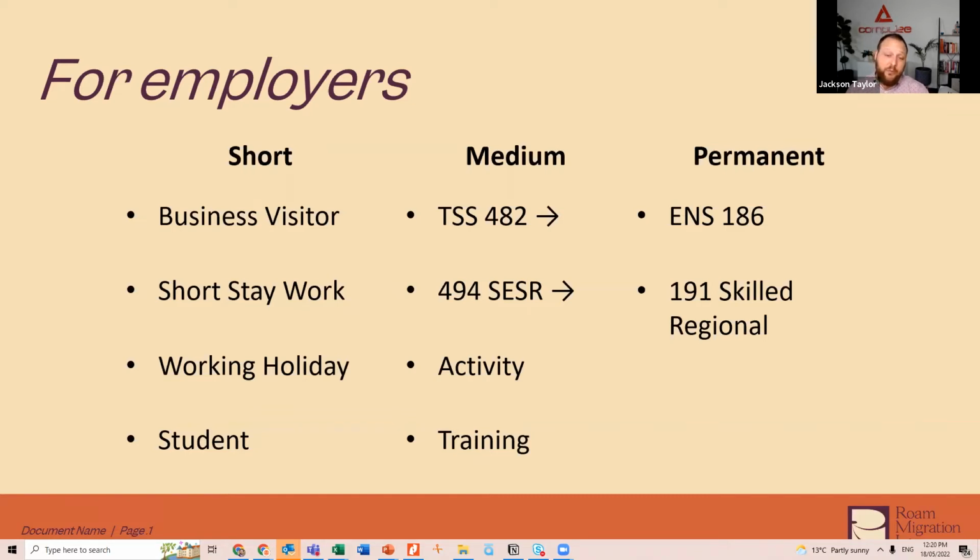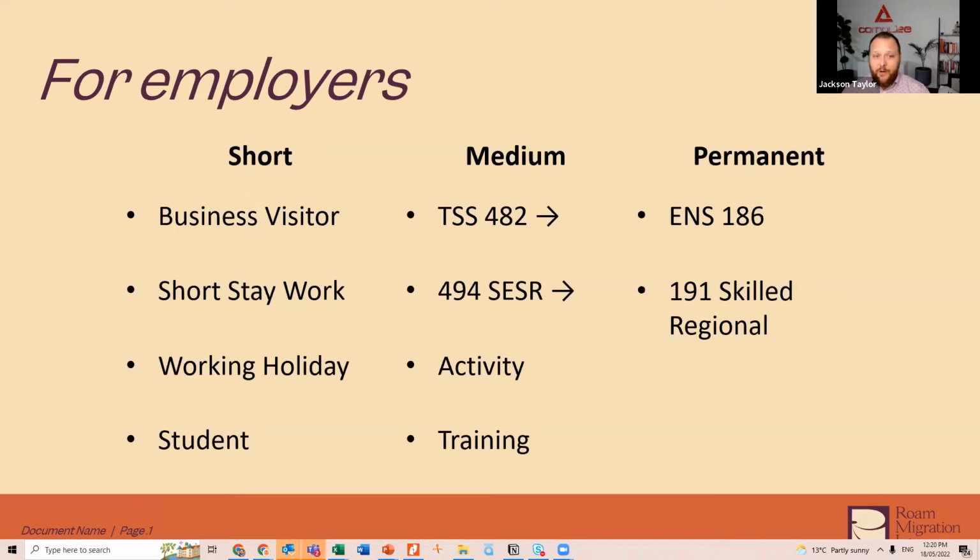So the government, being who they are, set up the 494 first and then said, we'll work out the 191 later. Probably wasn't the best idea, but that is the way it is. And so we're still waiting for clarification around the exact process for the 191.